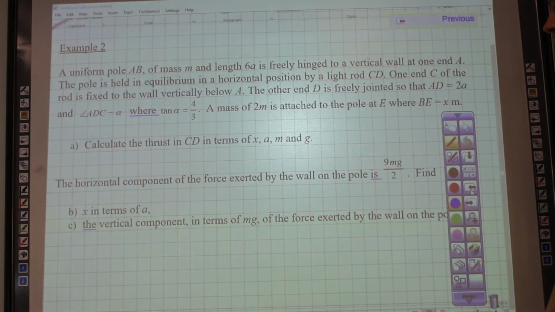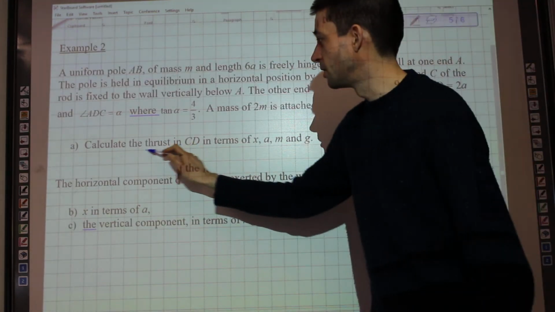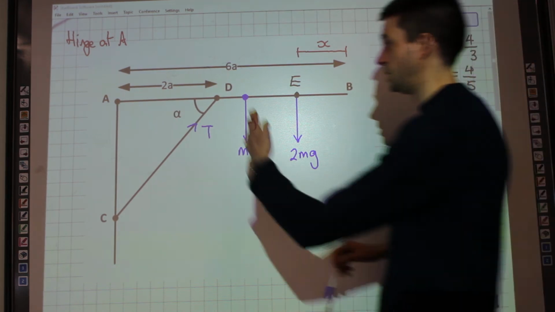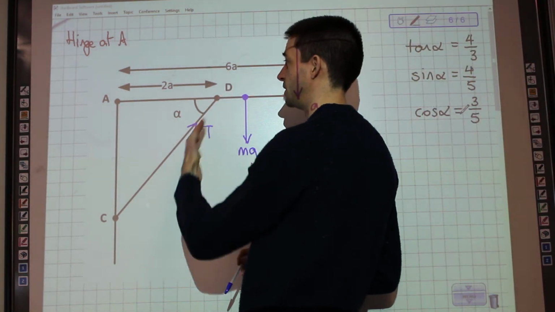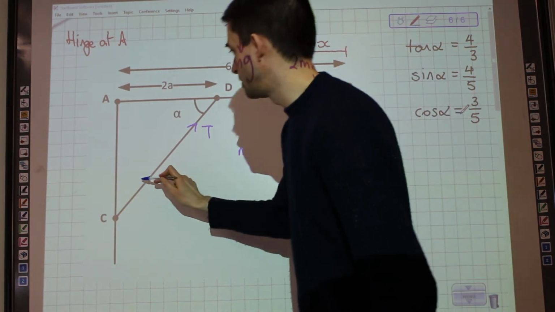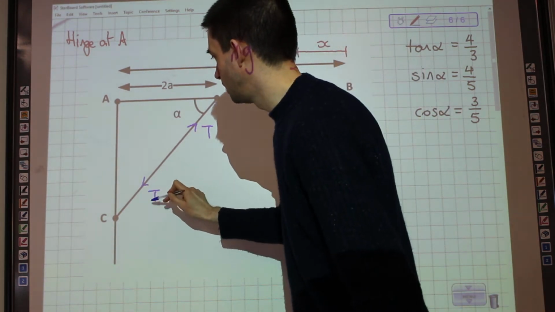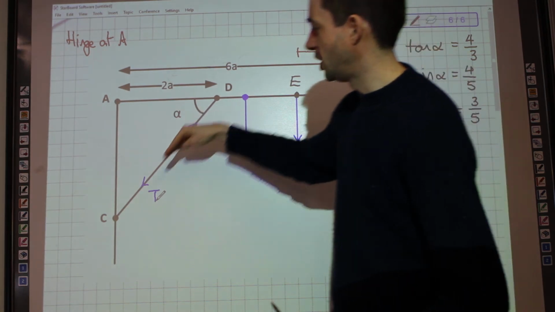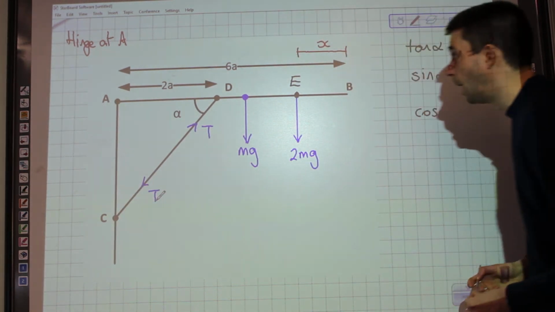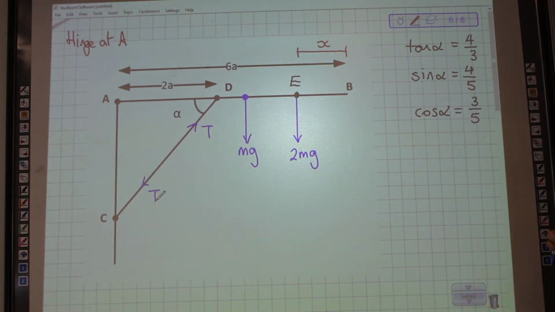If you look at what part A is asking us for, it's asking us to calculate the thrust in CD. The reason is that this is a thrust force acting into the plank from the rod. Similarly, we would have a thrust force there, which is the rod acting into the wall. So we've got those forces acting on the system at the moment.